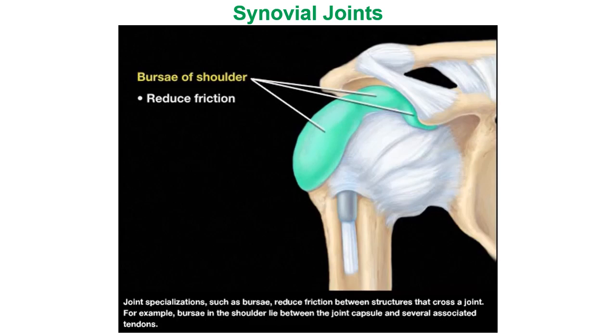Most of the time the balloon explodes, but sometimes it doesn't, right? So this here is the balloon filled with fluid that doesn't explode, but it moves around. It has some flexibility and movement, and that is very important to reduce the friction between these joints. So you have them at shoulder joints, knee joints. You have these types of synovial joints.